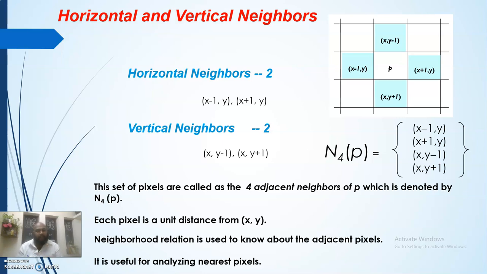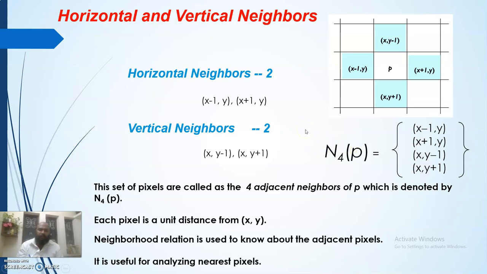Before going to that, we can see first the horizontal and vertical neighbors. These are the nearest neighbors which are of unit distance, arranged horizontally and vertically. There are 2 horizontal neighbors and 2 vertical neighbors. This forms the 4 basic neighbors of a test pixel.